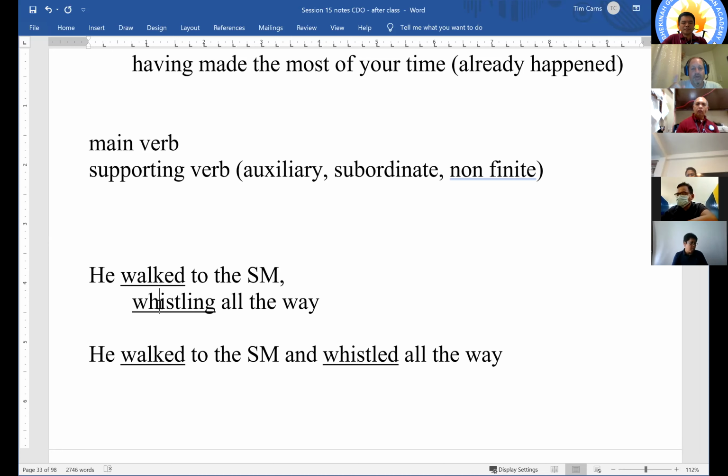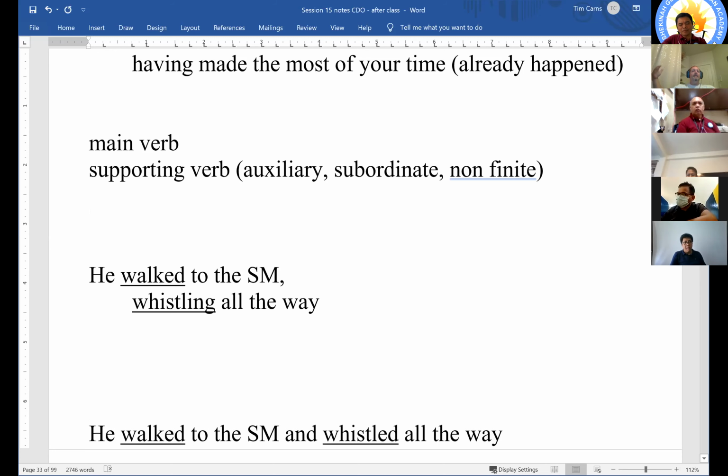And why this is really important is for this reason. If you were preaching this passage, the focus of the author is walked. He walked to the SM. That's the main action the author wants you, the recipient, to understand.